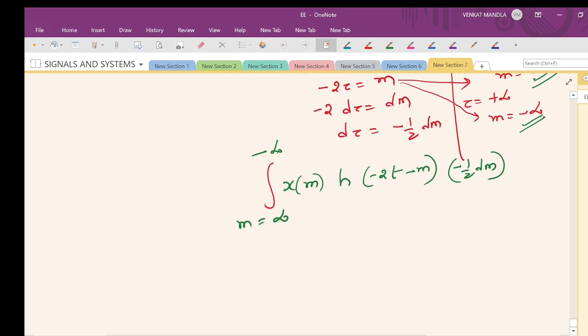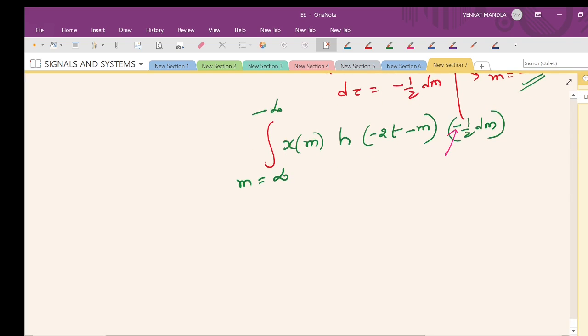Now here we have obtained a minus. But the limits are m equal to +infinity to -infinity, so I need m equal to -infinity to +infinity. So the integral of m from -infinity to +infinity x of m, you can put the minus here, h of -2t minus m into -1/2 dm.